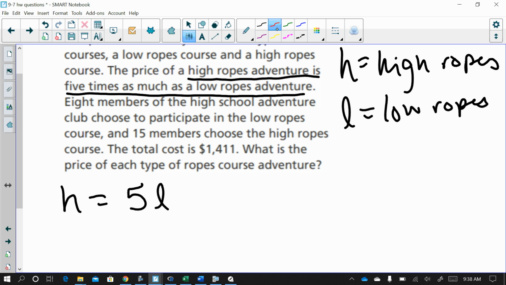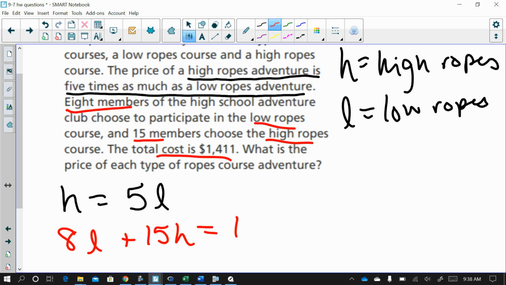Then the next sentence, we know 8 are in the low ropes, so 8L. 15 choose the high, so plus 15H. Total cost, 14.11. Now we just need to solve.